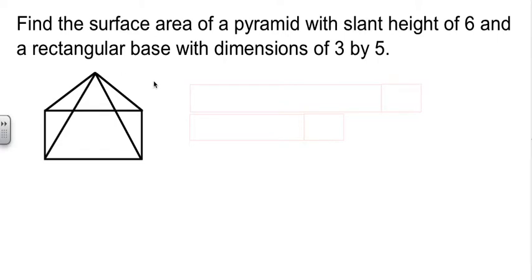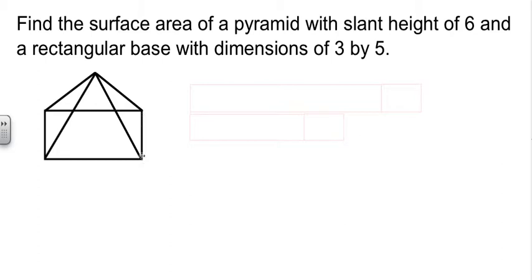So here we have this beautiful rectangular based pyramid that I tried to draw. And you can tell why I didn't major in art. But they're going to tell me that the slant height is 6 and the dimensions of the base are 3 by 5.